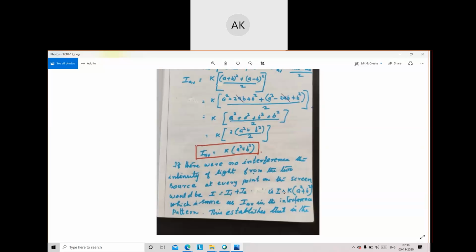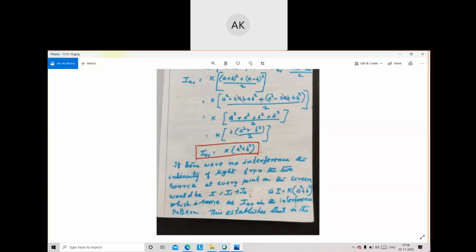That means energy is not lost. The energy is conserved. The energy lost in the dark region is gained in the bright region. So the average intensity is the same. So it is in accordance with energy conservation.